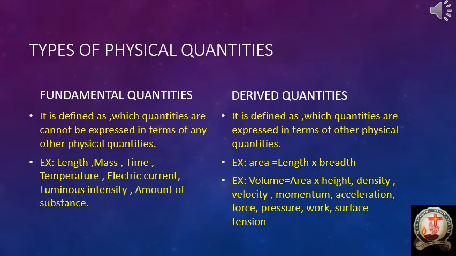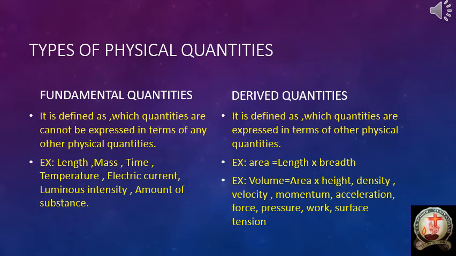Once again, it is defined as those quantities which cannot be expressed in terms of any other physical quantities. So here, quantities which cannot be expressed in terms of any other physical quantities are called the fundamental physical quantities. Okay, so here, if you need to understand this topic, please see the below examples.